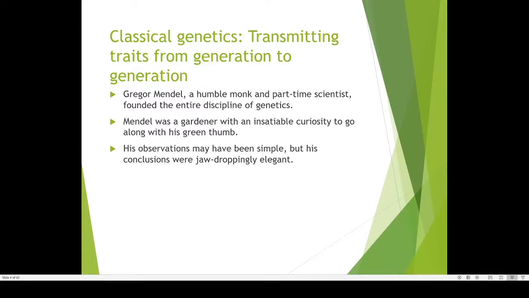So one very prominent and famous person in the field of genetics is Gregor Mendel, a humble monk and part-time scientist. He actually founded the entire discipline of genetics. Mendel was a gardener with an insatiable curiosity to go along with his green thumb.